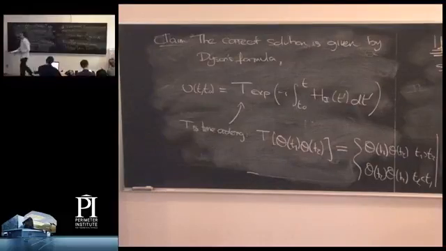So I think it's best if I just tell you what the solution is, and then tell you what everything in the solution means, and then prove that it's the solution.